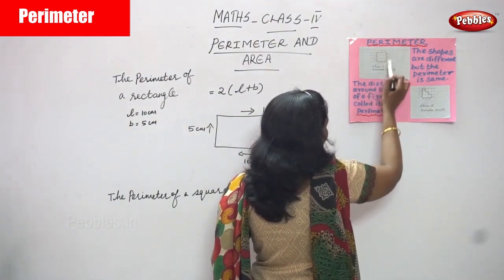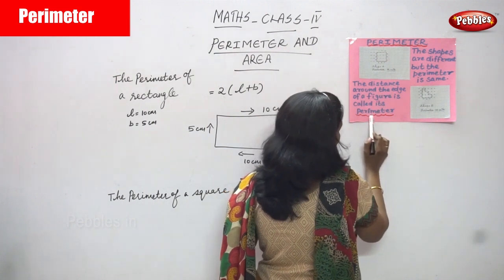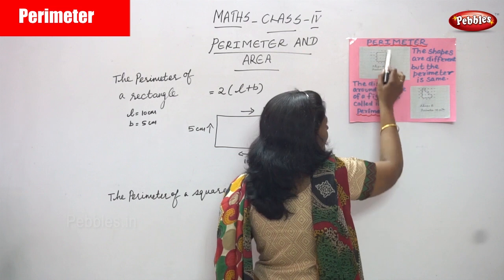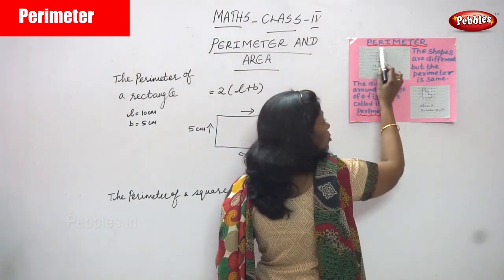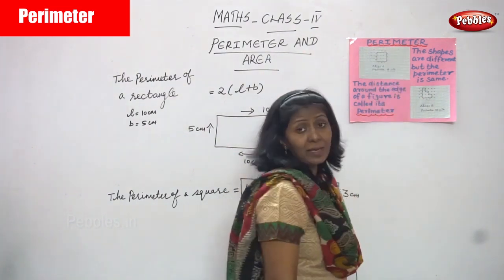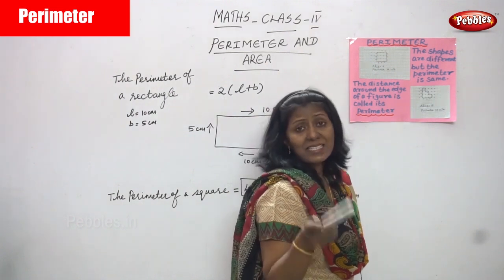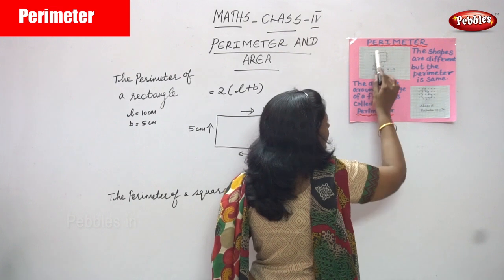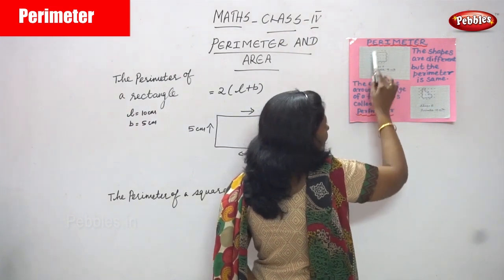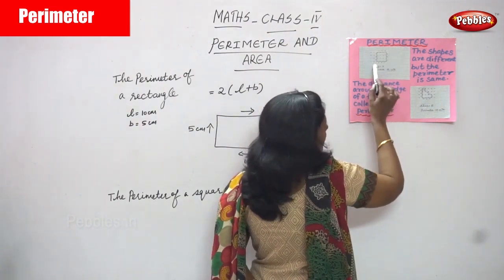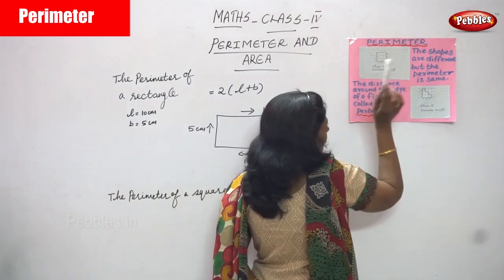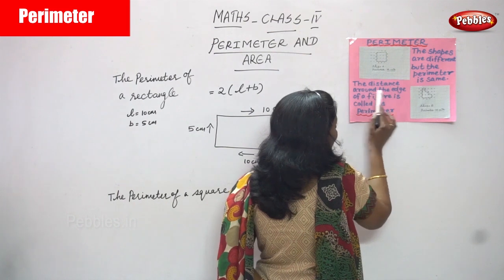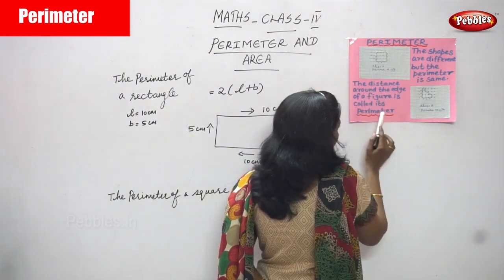The distance around the edge of the figure is called the perimeter.